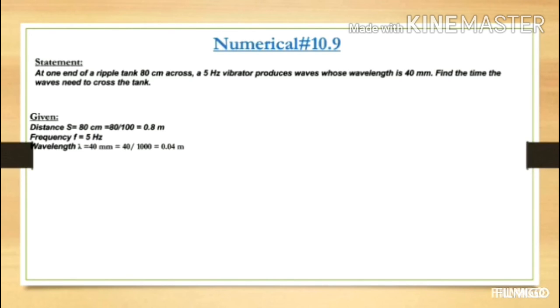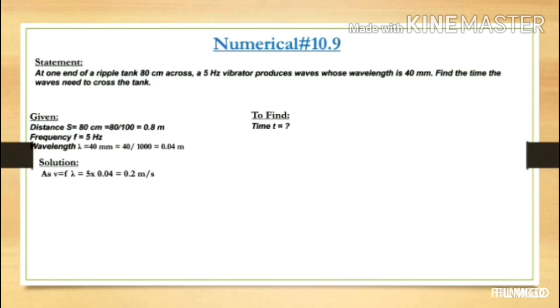Frequency is given 5 Hz and wavelength is given 40 millimeter. By dividing 40 by 1000, we will get 0.04 meter wavelength. What we have to find is time taken by the wave to cross the ripple tank.